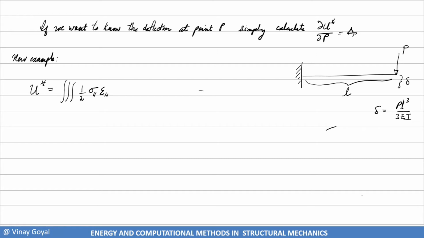And recall that for Euler-Bernoulli beam theory, epsilon 1 is z, x through a thickness, u3 double prime. And it was only a function of x, where u3 is the deflection, this deflection here.